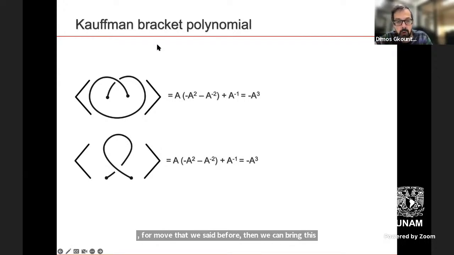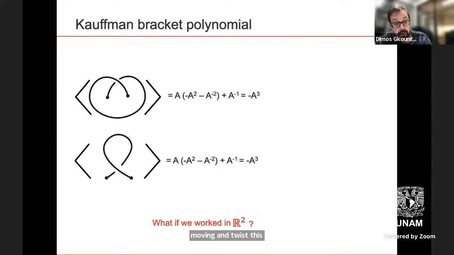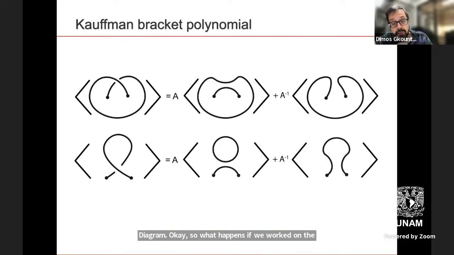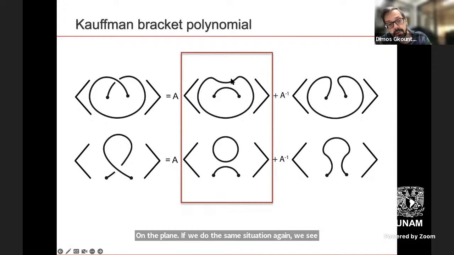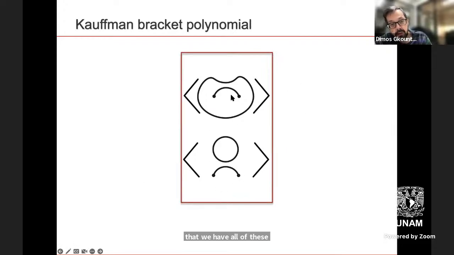Okay, so what happens if we worked on the plane? On the plane, if we do the same situation again, we see that we have all of these smoothings, and let's focus here. We have one situation where the long simple segment here is enclosed in a loop, and here it's outside of the loop.